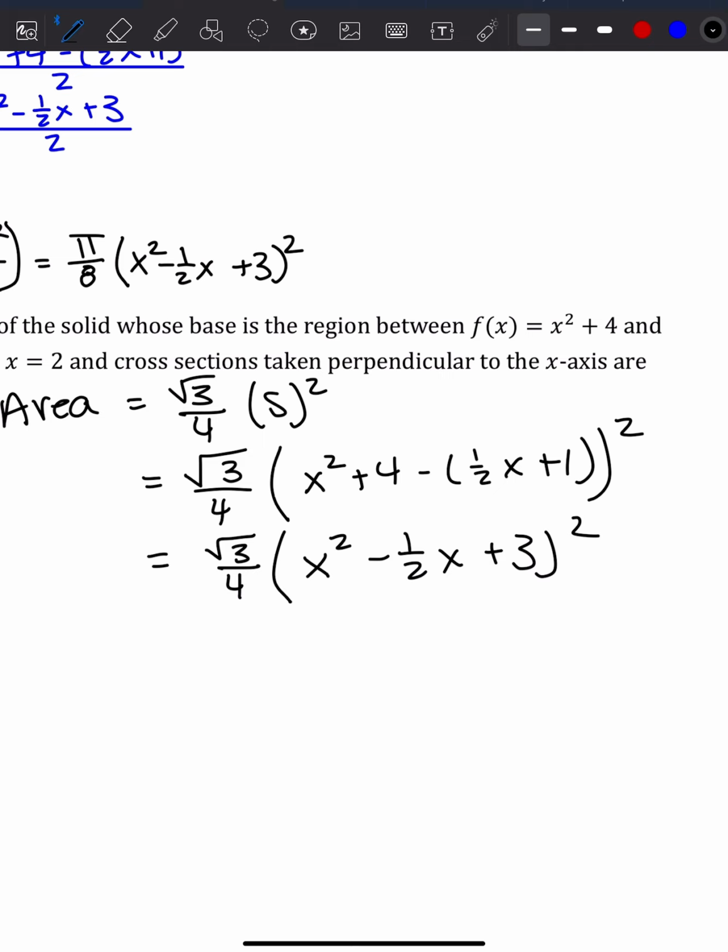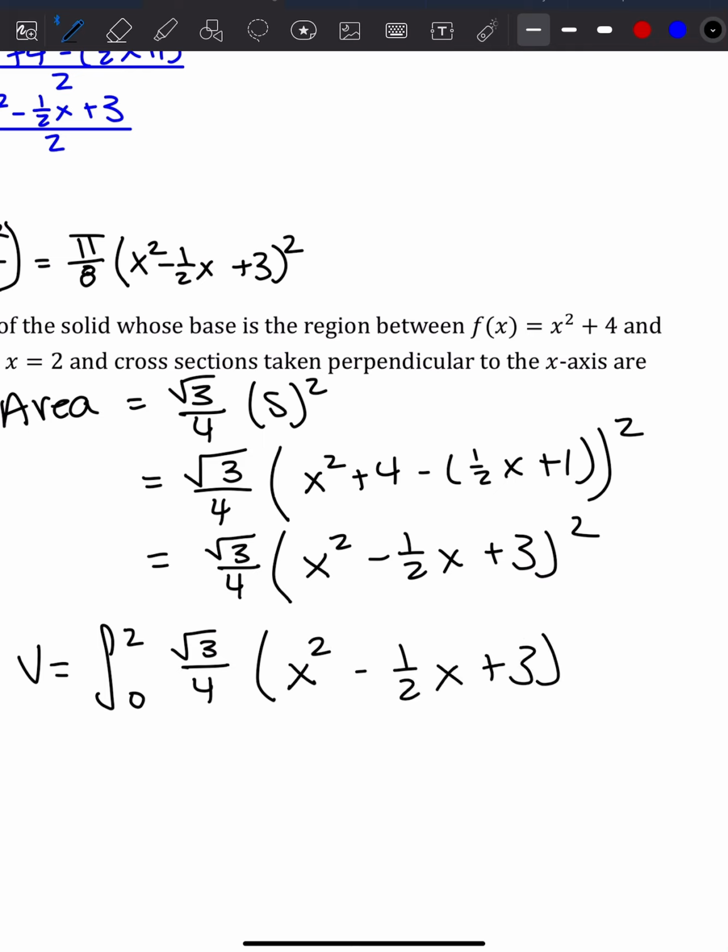So just like before, our volume is equal to the integral from our bounds, in this case 0 to 2 again, of this whole area function. So we have the square root of 3 over 4 times x squared minus 1/2 x plus 3 squared. So we have the same function again.